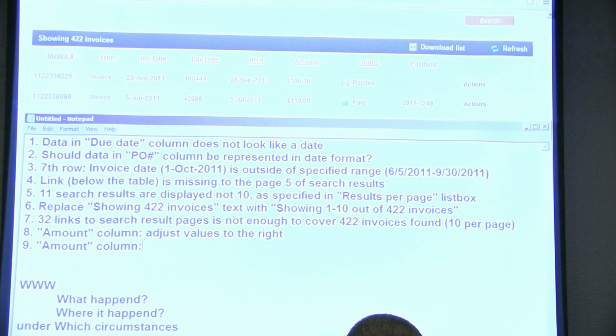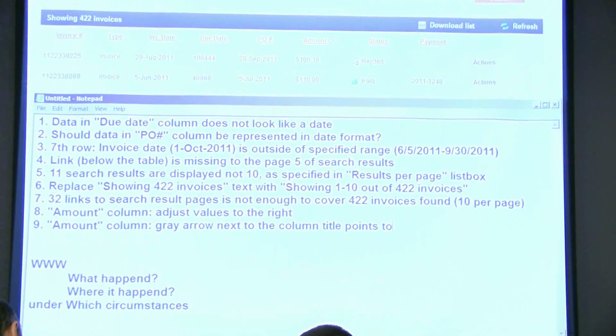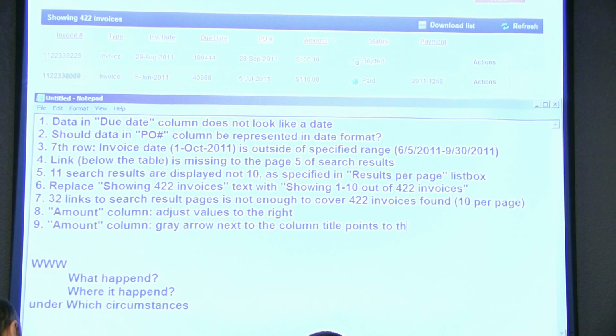I'm saying amount column, and what I'm saying, gray arrow next to the column title points to, I can say to the wrong direction, but really it doesn't mean it points to the wrong direction. So it is inconsistent.